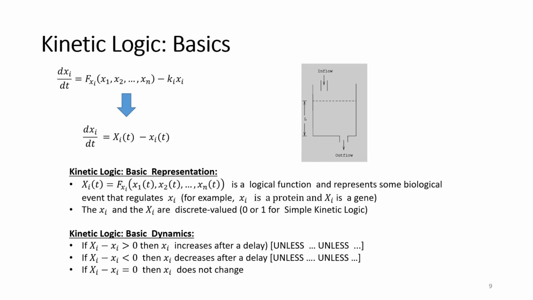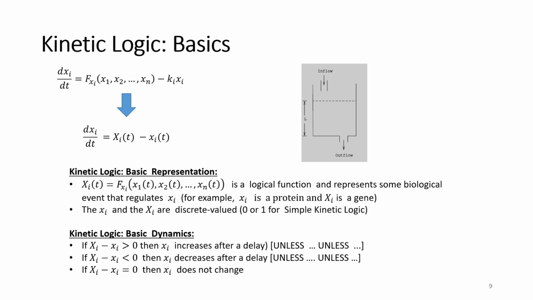There's some explanation in Thomas's book about how to get to these values. Now, the dynamics of this logic are fairly straightforward in principle. If capital Xi minus little xi is greater than 0, then little xi will increase. If it is less than 0, it will decrease.